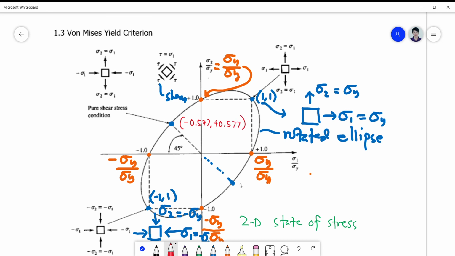Same is true with this. This becomes now positive 0.577 and negative 0.577.